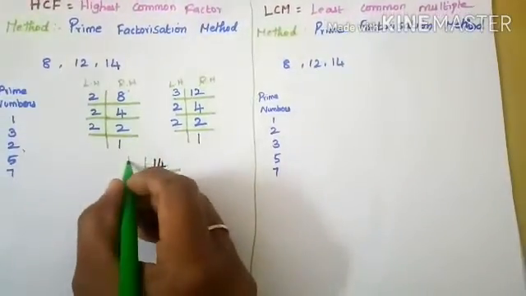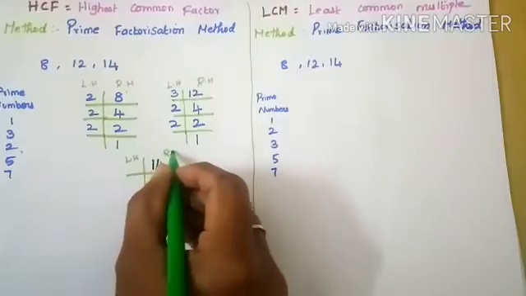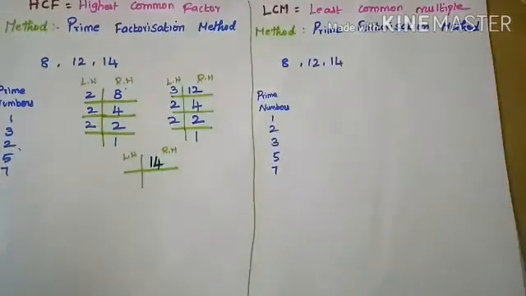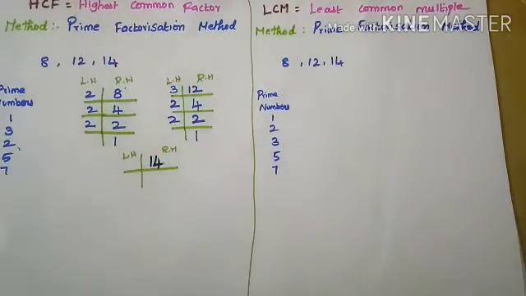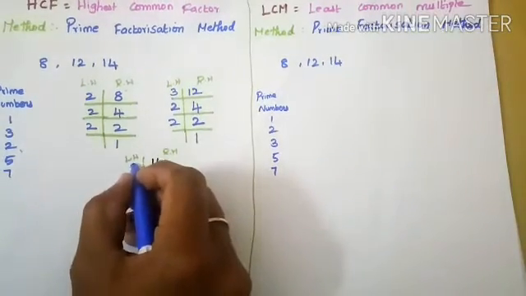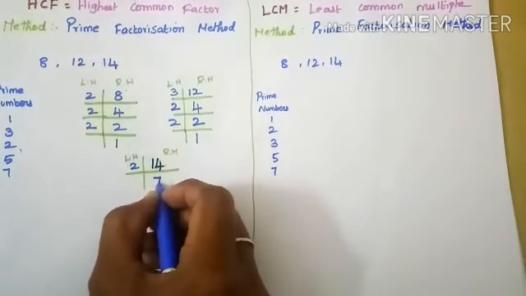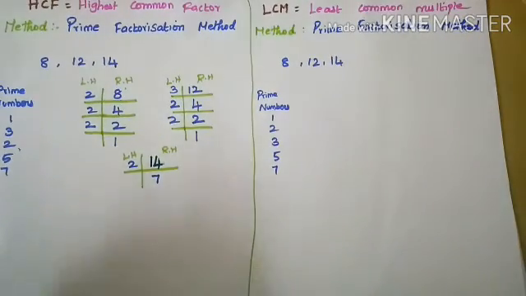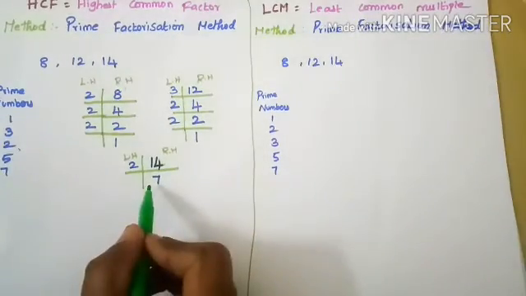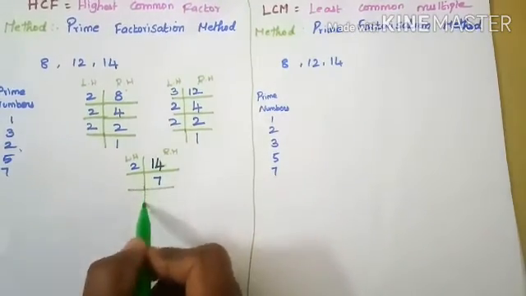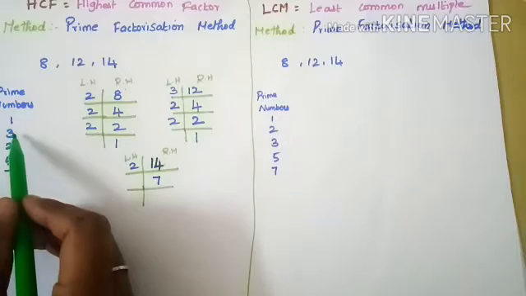So this is left hand side and this is right hand side, right? So 14 is easily divided by which table? Yeah, 2 table. How many times? 7 times, right? So 7 is easily divided by which table? 3 table?